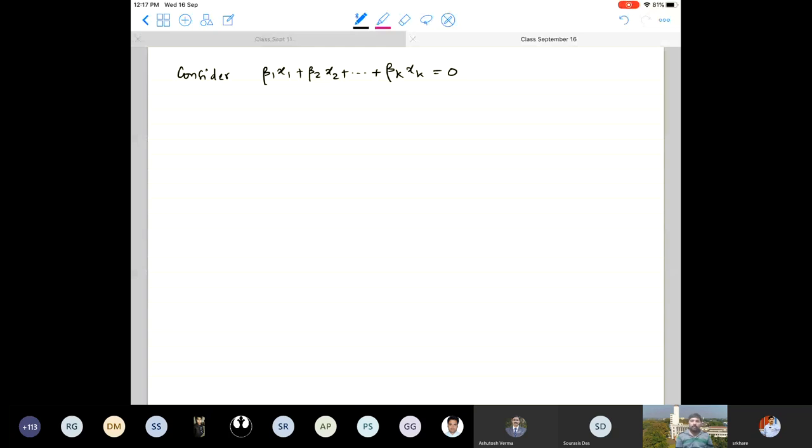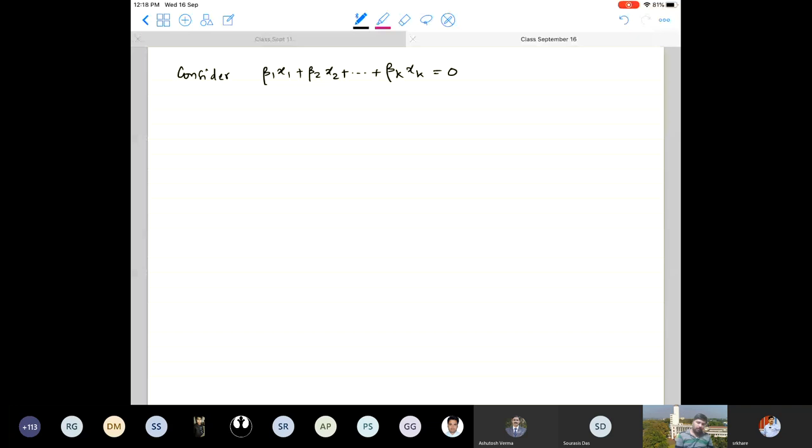If all these coefficients beta 1 up to beta k are equal to 0. So what is it that I want to show? If any linear combination of the vectors x1, x2, ..., xk is 0, then you can achieve that 0 only by choosing these scalars beta 1 up to beta k to be equal to 0.